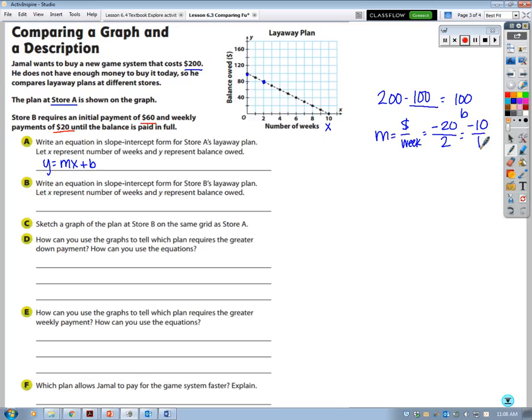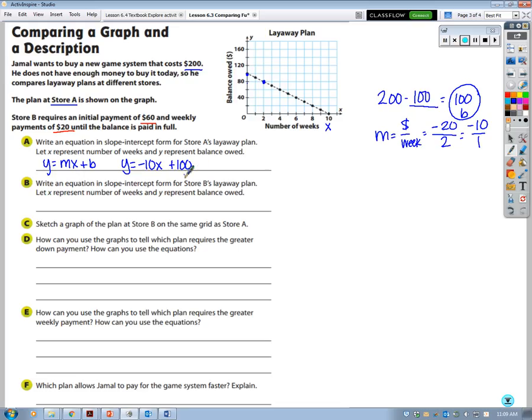So if we're going to write this into an equation, this is how much he has left to pay after what he's paid towards the total cost, and this is how much he's paying per week towards that remaining amount of money. So the equation would be y equals negative 10x plus 100, because he's paying $10 per week against the amount owed, and he has an initial value of $100, meaning that he has $100 still to pay after his down payment, which was $100, because there's $100 left to pay.